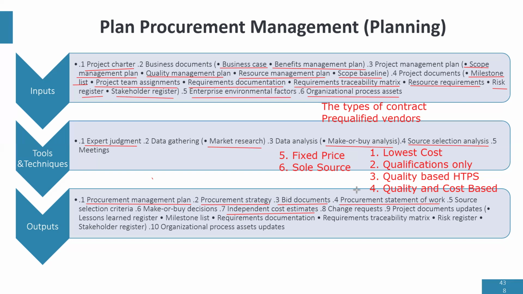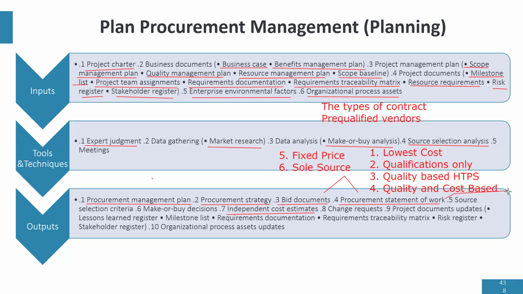In fact, these two come together because if you're asking a vendor to submit a bid for work, what? The bid for the statement of work. So the statement of work is more or less the scope of work that has been itemized that the vendor must achieve.